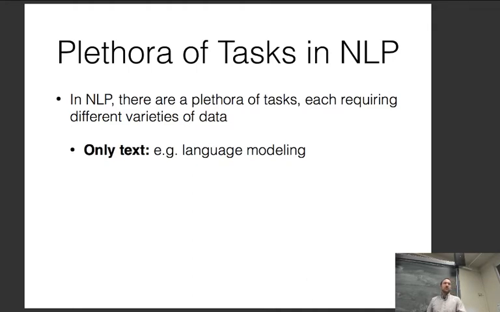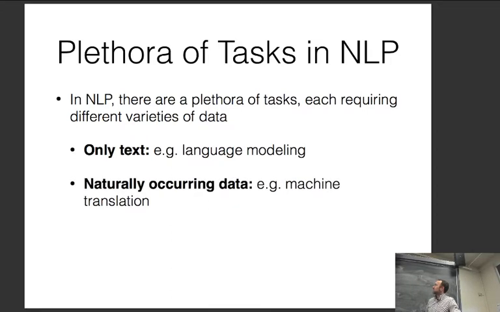You can split them up into the type of data source that you can train them from. Things that can be trained from only text are language modeling, mostly. Things that can be trained from naturally occurring data, machine translation. So these are the ones where we don't need NLP researchers to create data for us.